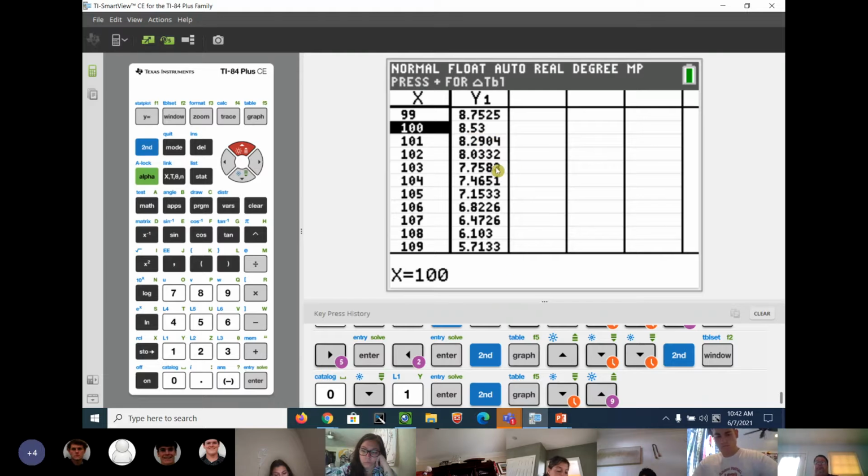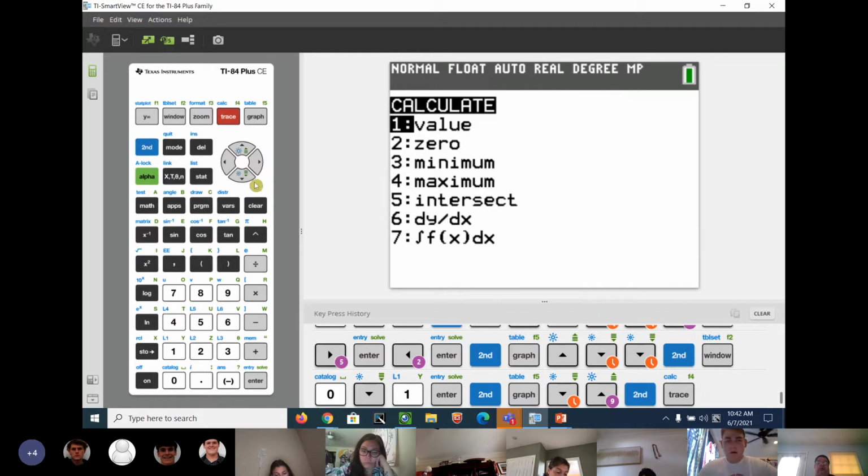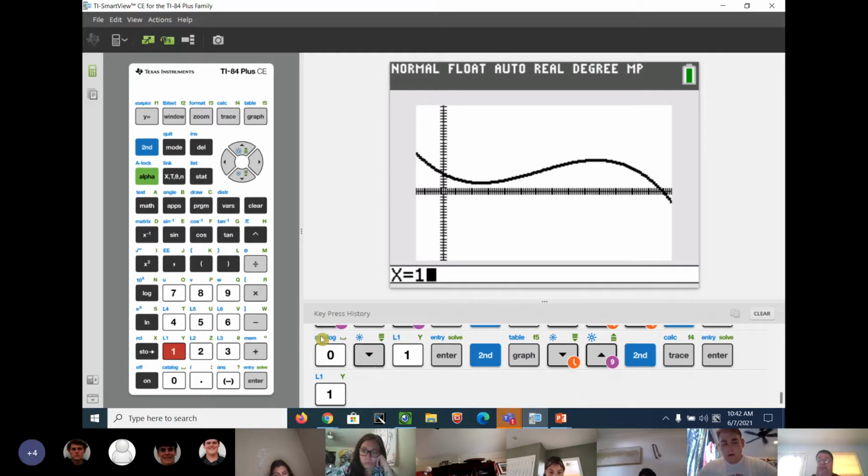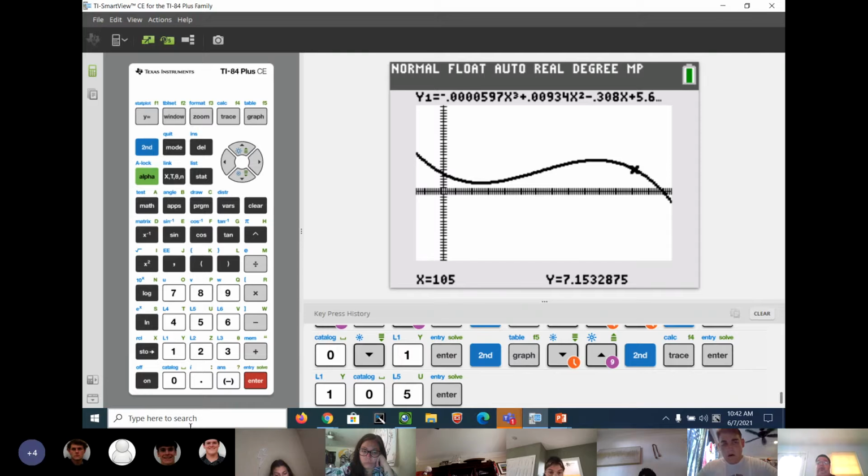Okay. What if you want a Y value? Well, you can hit second, trace, and hit value, and hit X is equal to 105 years. And 105 years would be what? 7.15.